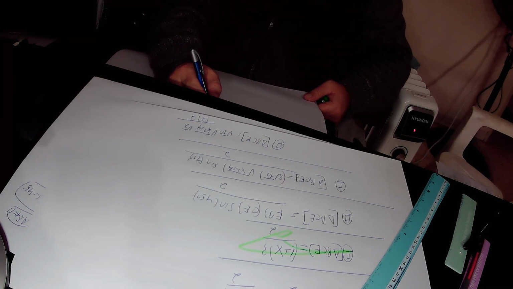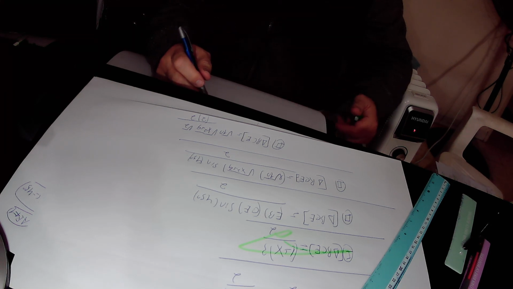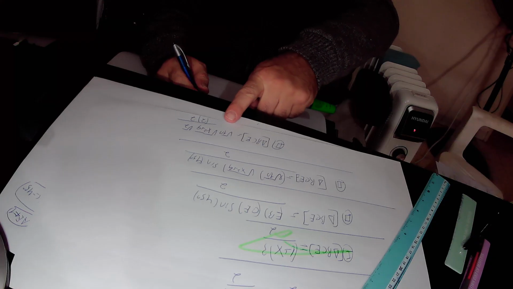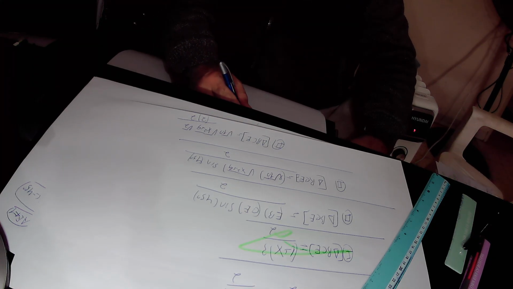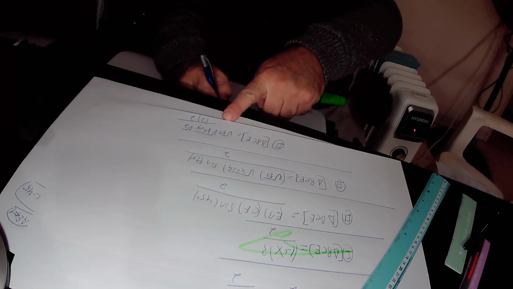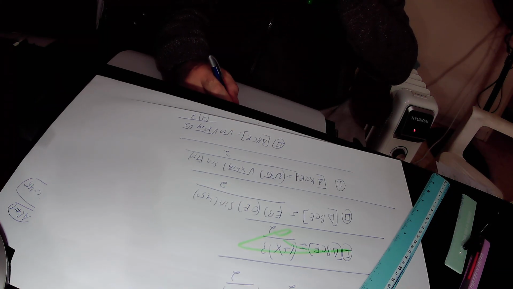So in total, we found out that according to equation 2, the area of the green triangle BCE is equal to the square root of 2 times the square root of 10, the square root of 20, times the square root of x squared plus 9, divided by 2 times 2.